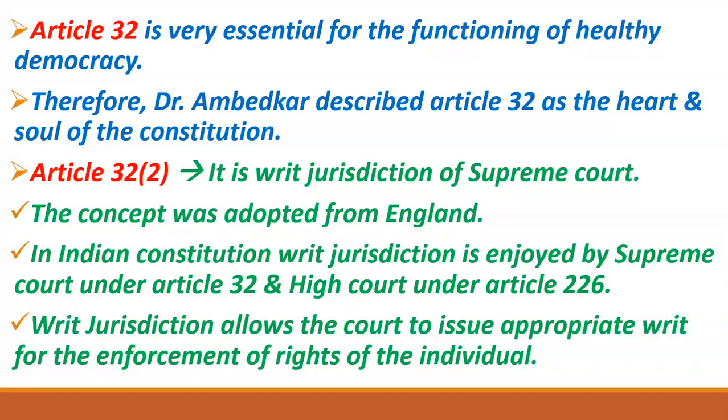So writ is a kind of order given by the Supreme Court. Now friends, we will study the types of writs and everything about writs in the next class. For the time being, you just understand that writ means an order with some special effect.